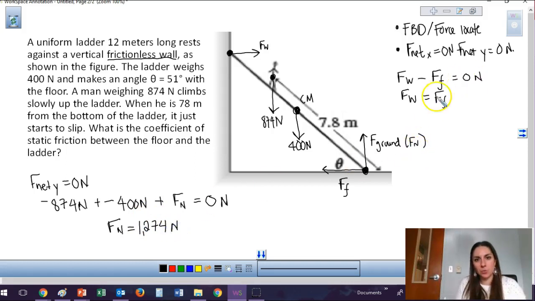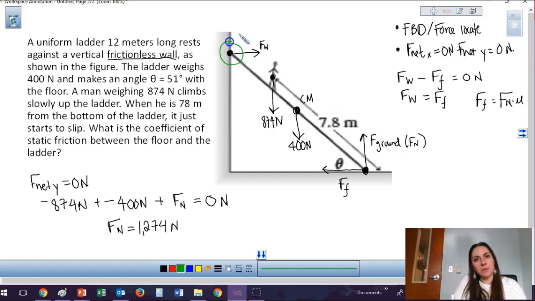Cool. Almost, because remember, force friction is going to be force normal times mu. So notice if I want to find the coefficient of friction for this problem, I still need a force friction. And as you can see, force wall and force friction, I can't really get any information out of this. So that's when we go to torque.